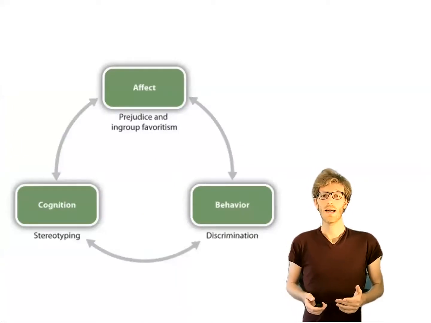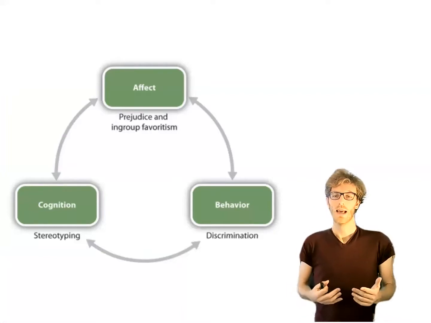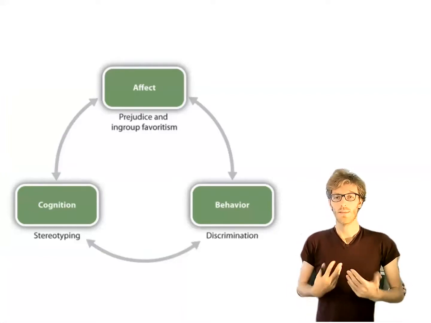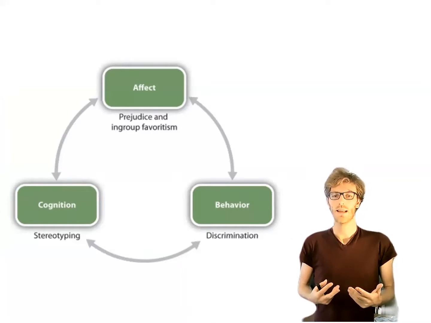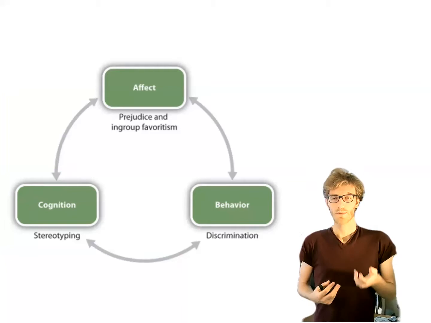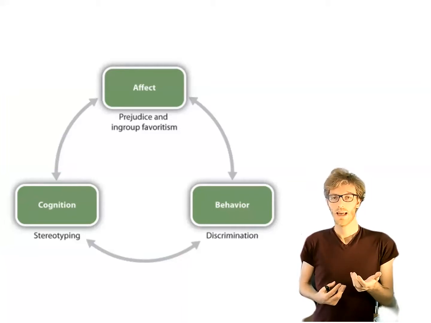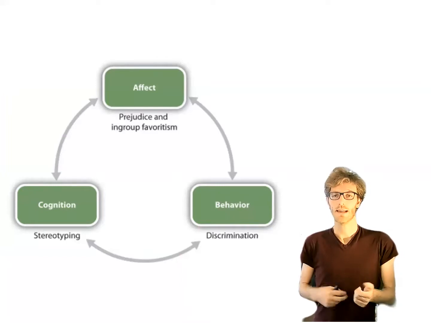And in that, I just briefly want to highlight that we are talking about some different aspects and kind of mixing them up here because they are related. But in line with the textbook, it makes sense to think about affect, behavior, and cognition.